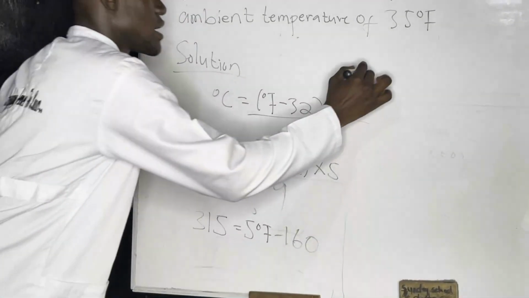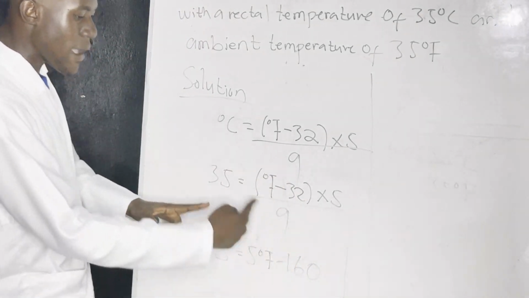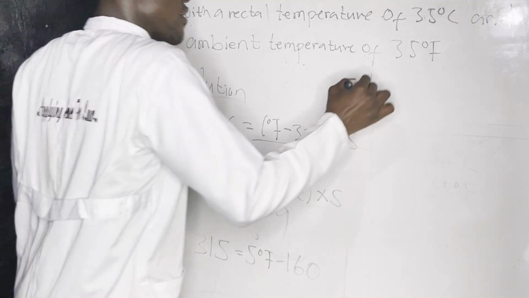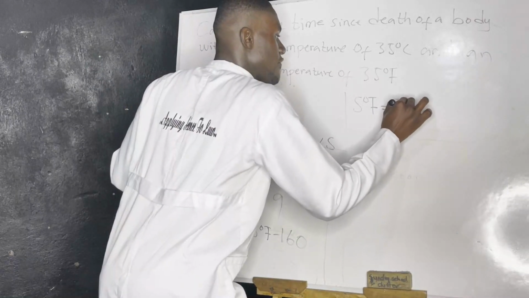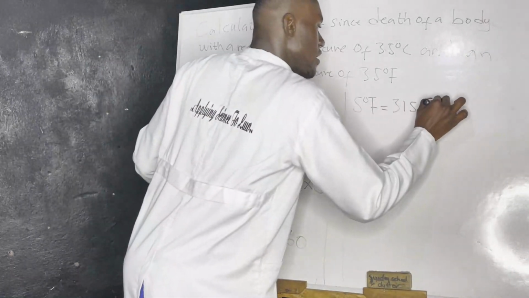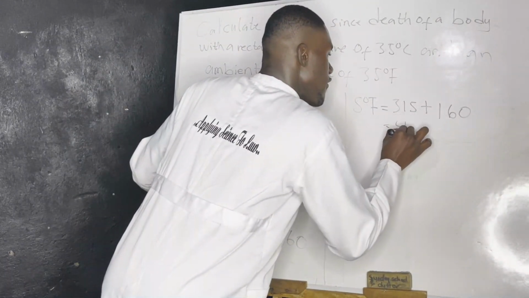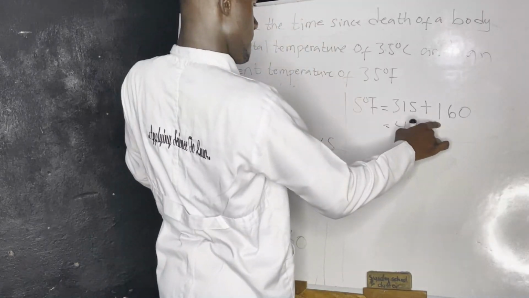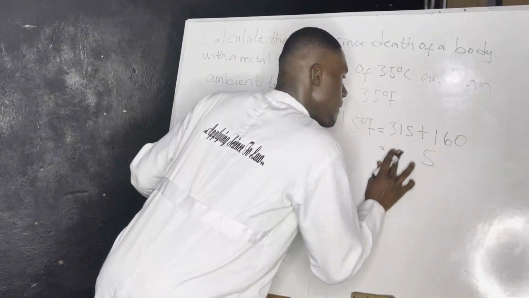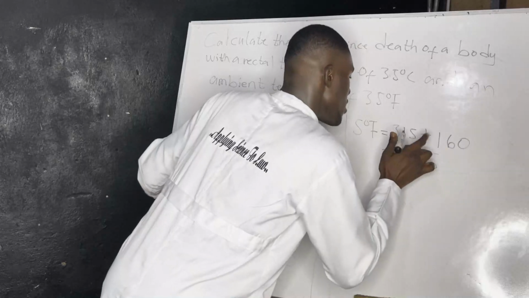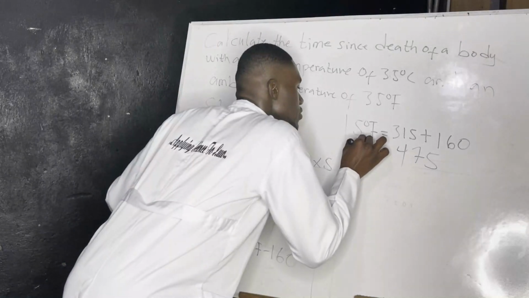What we will do here is that the 160 crosses the equal sign to become positive. So you get 5 times degrees Fahrenheit is equal to 315 plus 160, which is 475.